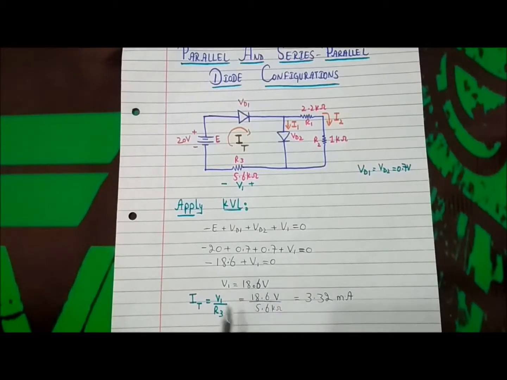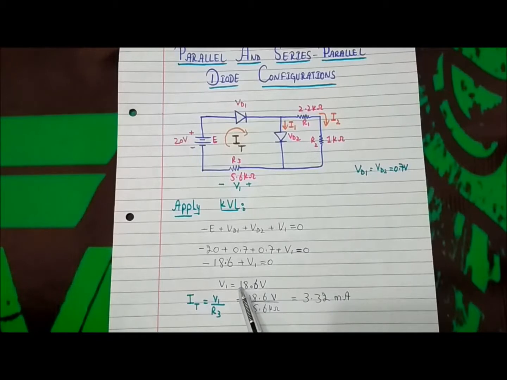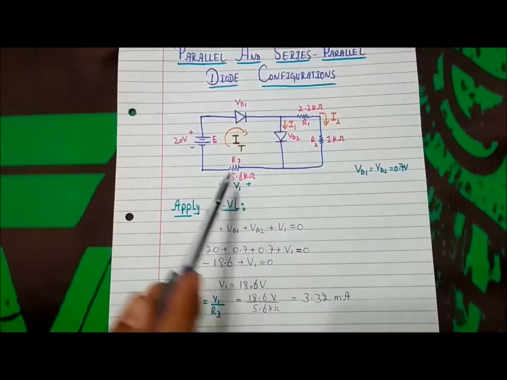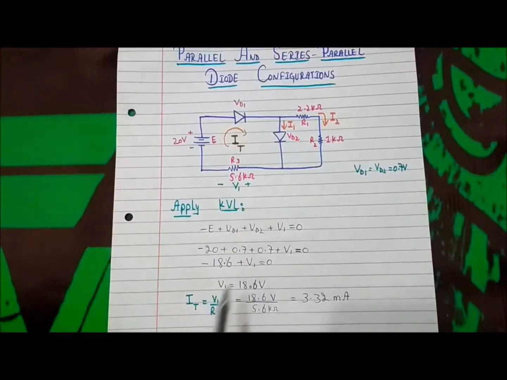By simplifying, we have V1 equal to 18.6 volt. It is the voltage drop across resistor R3.